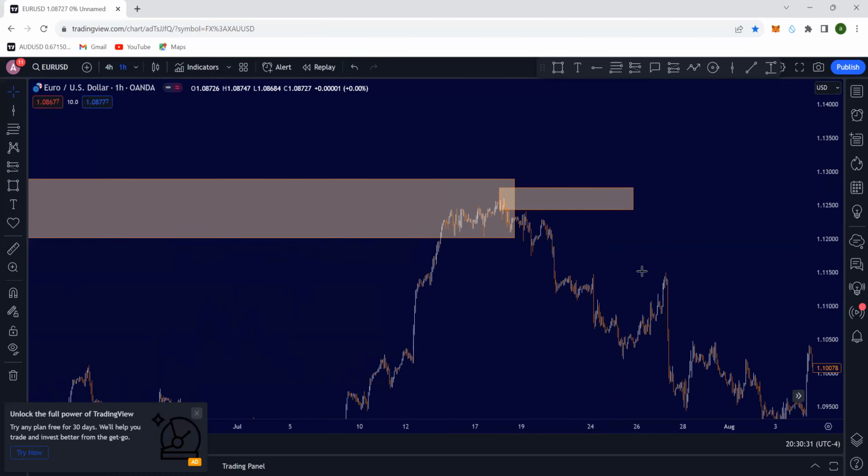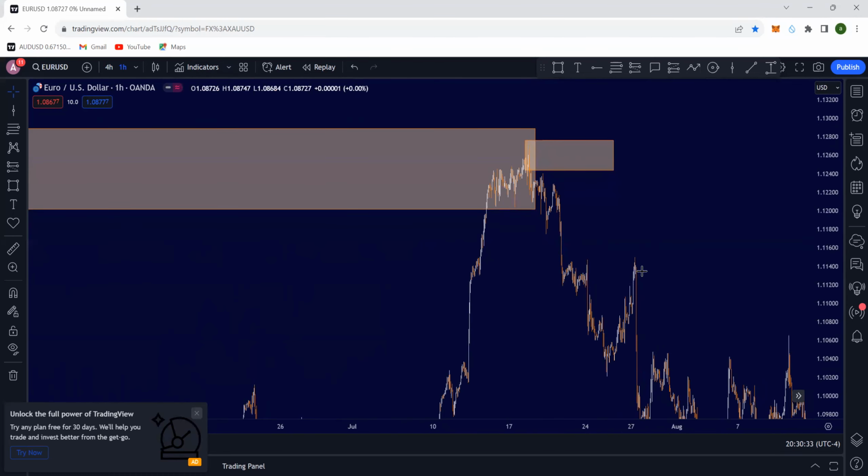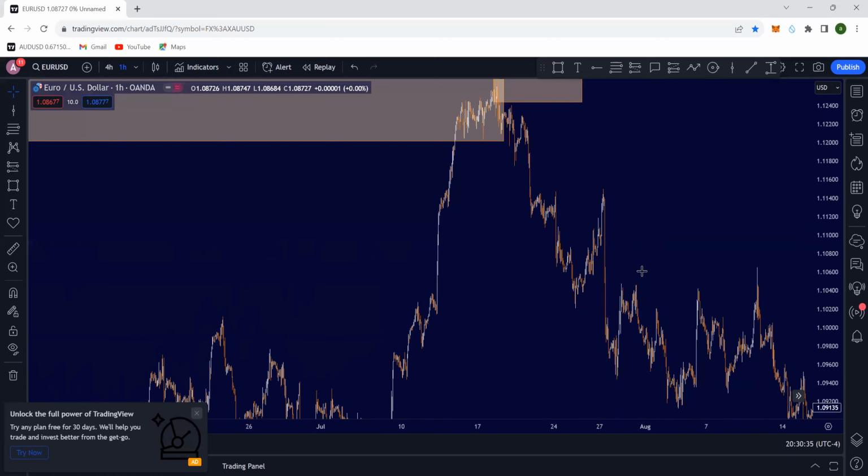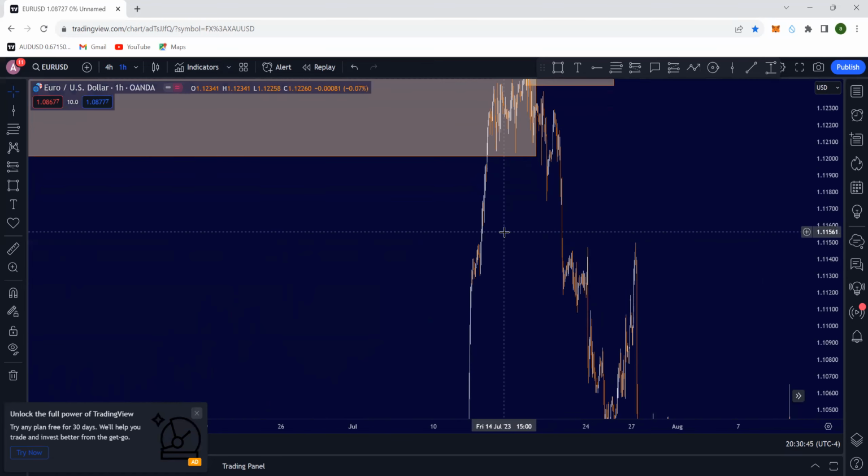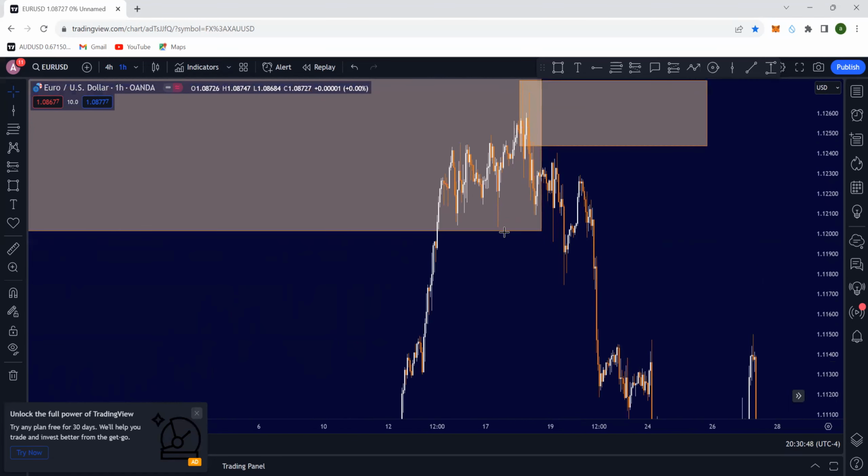But what we are doing is trading flip zone. So trading flip zone, we only look for opportunities to sell. The opportunity that we'll now look for is a zone here.